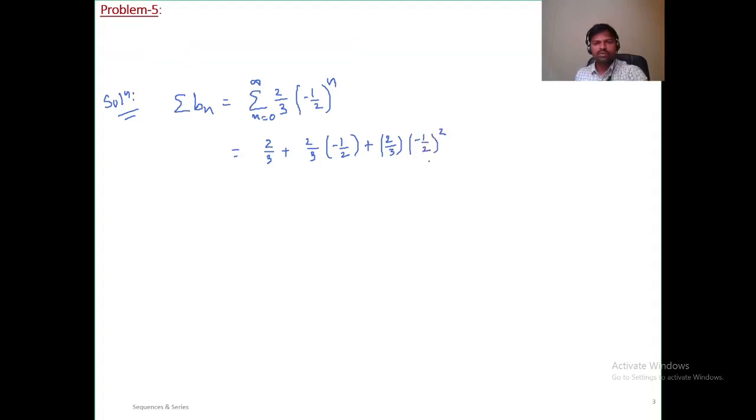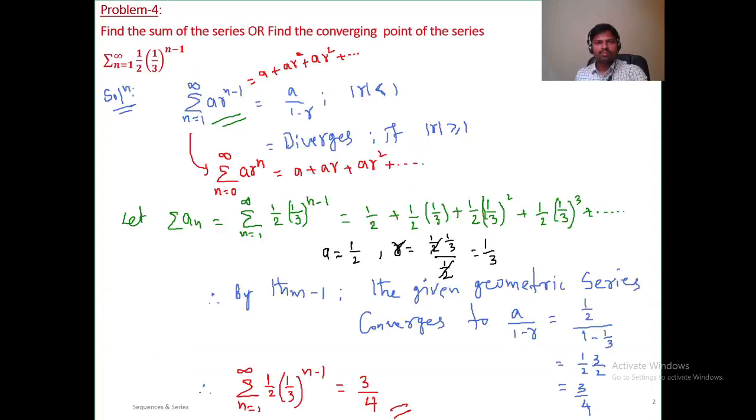And one more thing you have to observe here, before applying the geometric series: compulsory, r must lie in the interval minus 1 to plus 1. Only then does the series converge. Here what is r? If r is 1 by 3, compulsory you write this is less than 1. If it is more than 1, this one does not converge.